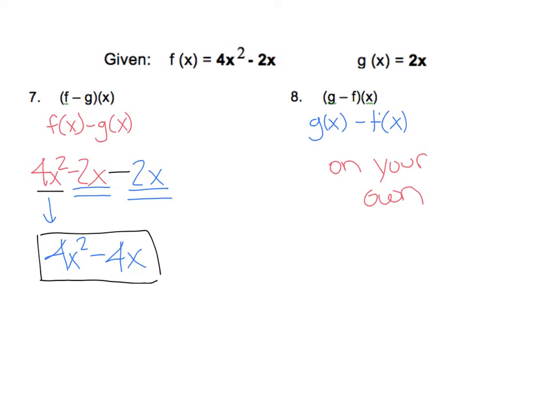So essentially your problem will look like this. 2x minus, and because it has 2 terms, you have to put it inside of parentheses when you rewrite it, which means that you have to distribute here this -1 here to get to your final answer. So that was just a helpful hint.